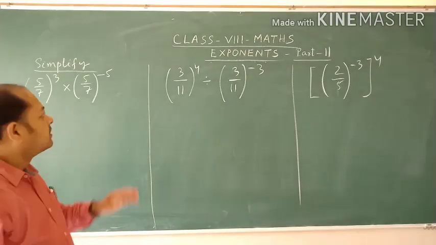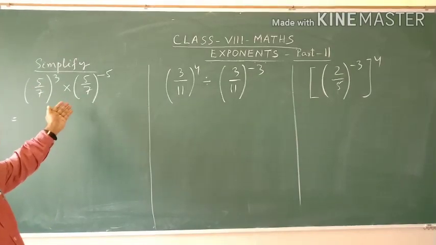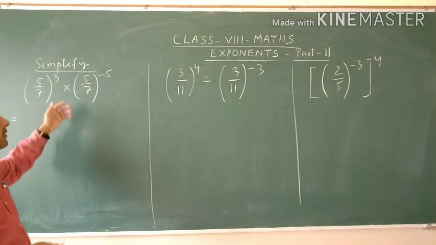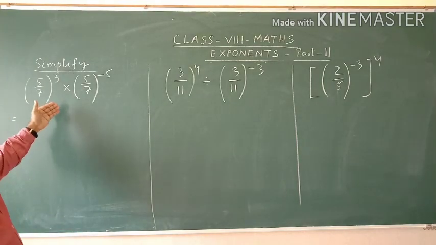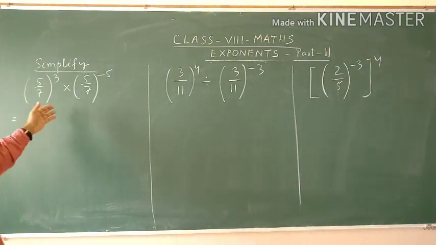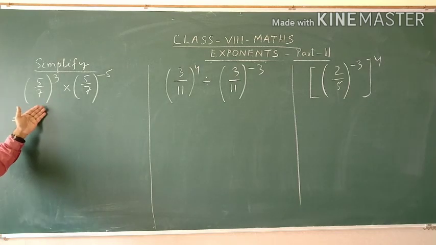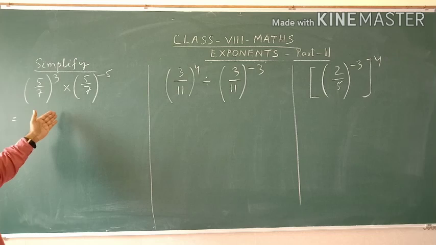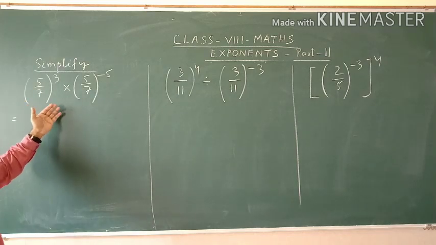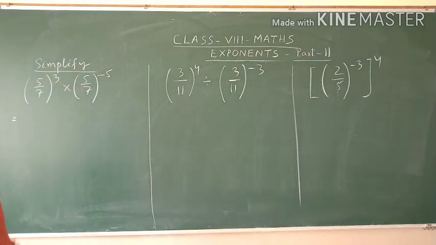Okay, coming to the question, what we solved last, the exponent formulas. Using the exponent laws, we will solve this question now. The first question is: simplify (5/7)^3 × (5/7)^-5. So what is the law? If the base is the same, the powers will be added.